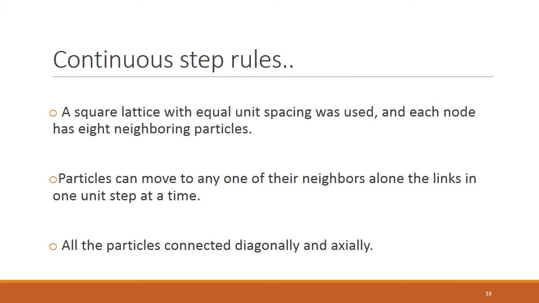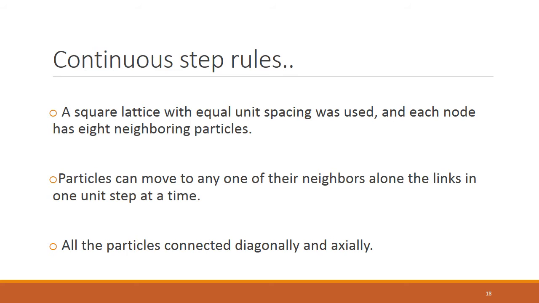Well, we know it's a D2Q9 matrix, so it's going to have equal spacing and 8 neighboring atoms. We already mentioned that. A particle can move to any one of its neighbors along the links in one unit step. So at one time, it can go in one direction. This is something I said slides before, compared to Newton's second law: either the particle is at rest, or the particle is moving in one direction.